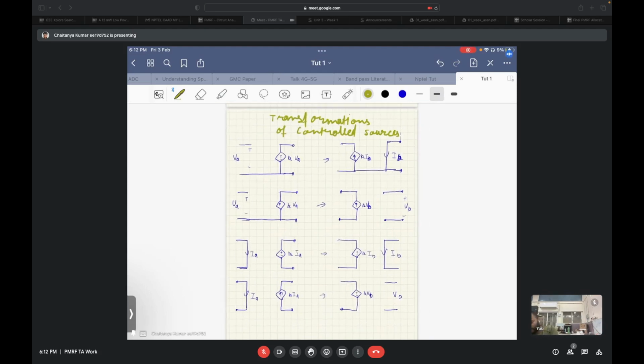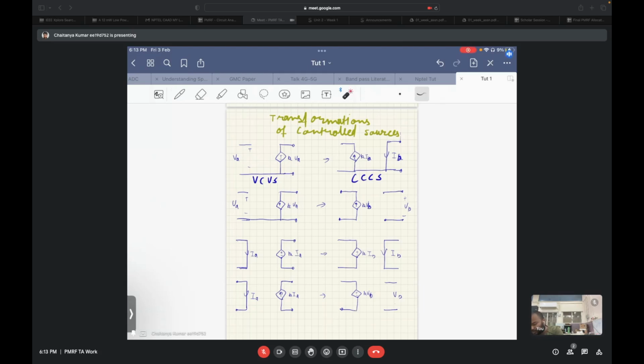So basically, if we have a voltage controlled voltage source, that will transform into a current controlled current source. We need to make sure that the skeleton of the transformed network remains the same.